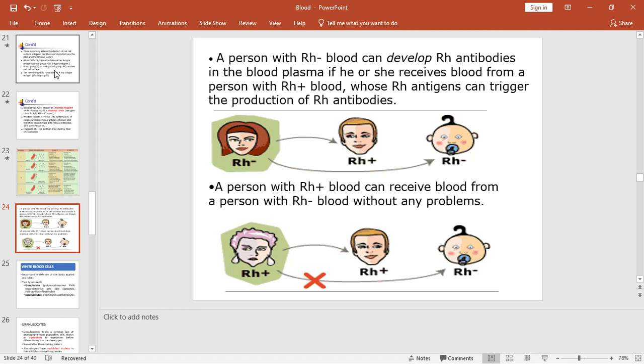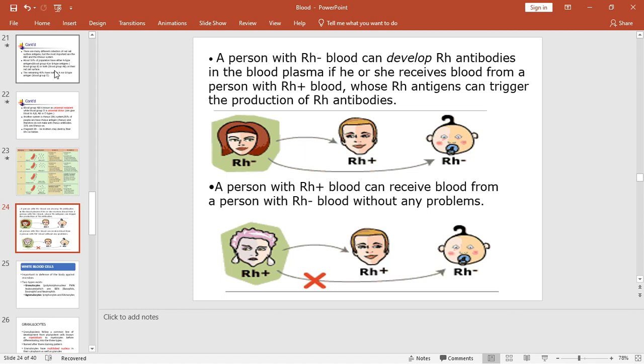Unfortunately, usually in the first pregnancy, there are no issues. But for subsequent pregnancies, the mother is being exposed to this D antigen. Remember, she doesn't have the antigen. She will form antibodies. You do understand?